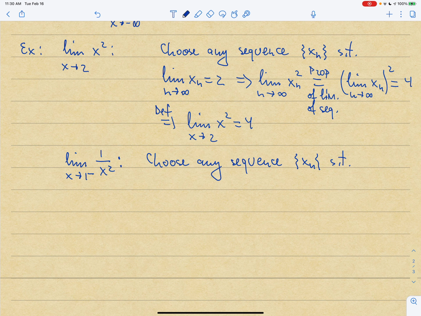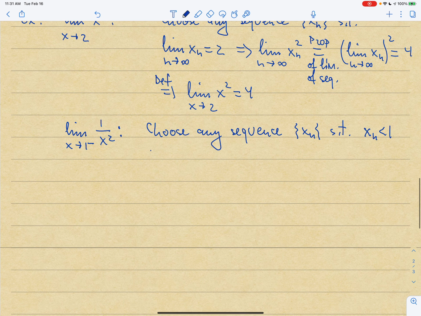If I'm taking a limit from the left, then I need to choose a sequence from where? I have to choose it from a set of x's which are less than 1. So such that xn is less than 1 for all n, and the limit as n goes to infinity of xn is equal to 1.